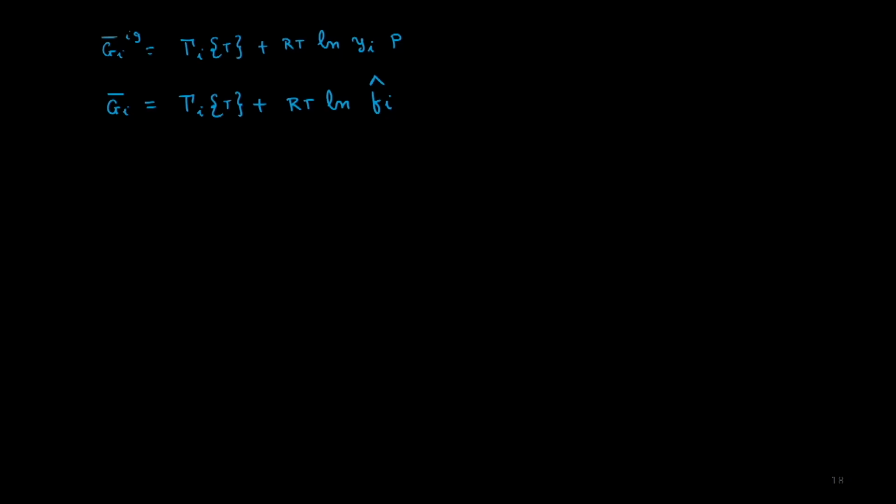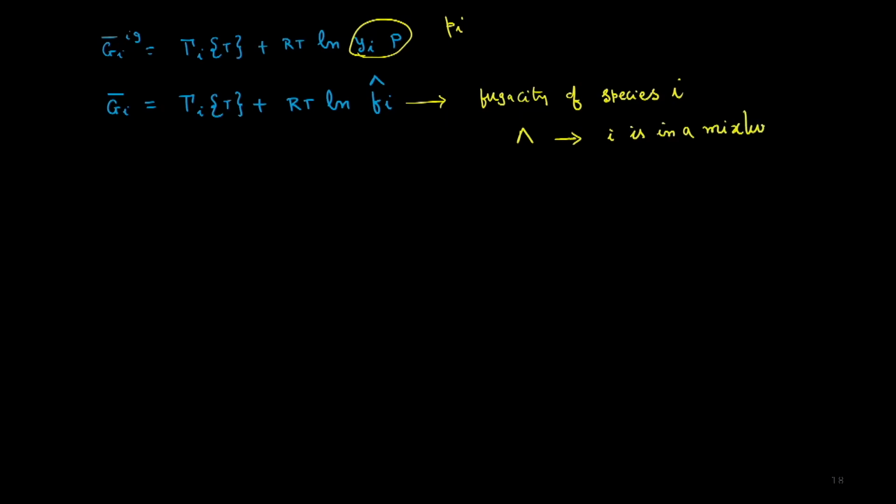So we're replacing yiP, which by the way is partial pressure, right? yiP is the partial pressure Pi. We are replacing that quantity Pi with a quantity known as fi hat, and we'll call this fi hat the fugacity of species i. And the hat on top represents that i is in a mixture. So this is fugacity of species i in a mixture.